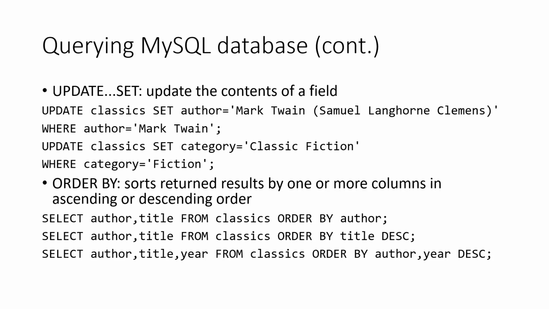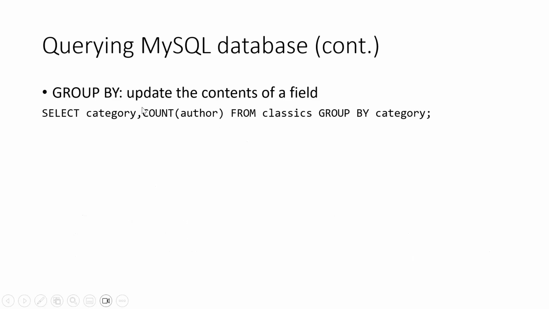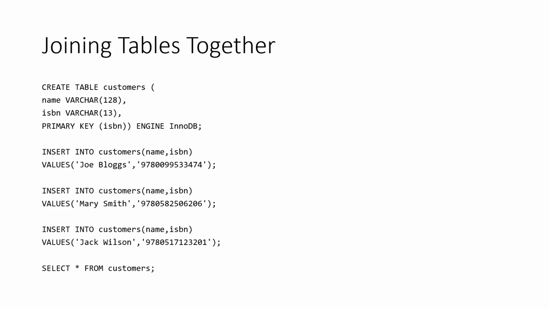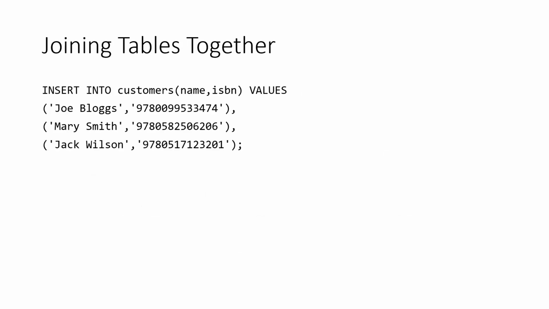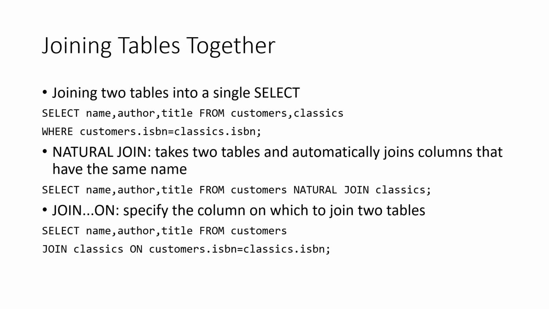And then again, for updating, you can use update and set to change the values. Order by, when you want to sort based on a column or set of columns. Group by, when you want to use aggregates. Now, when you want to join tables, especially once you create several tables together, you can join in multiple ways.